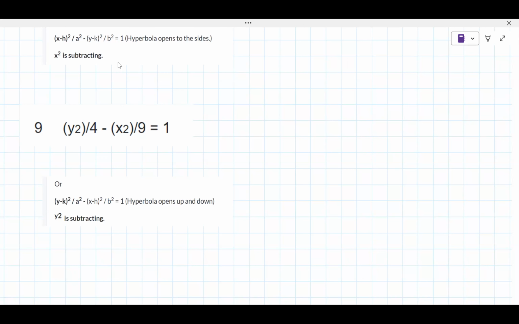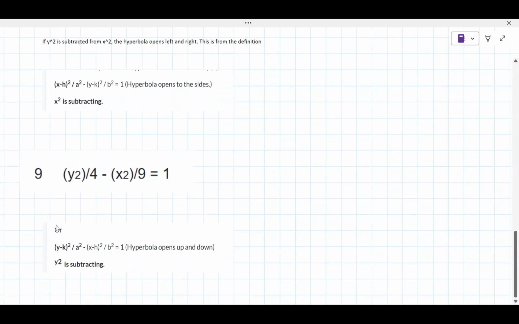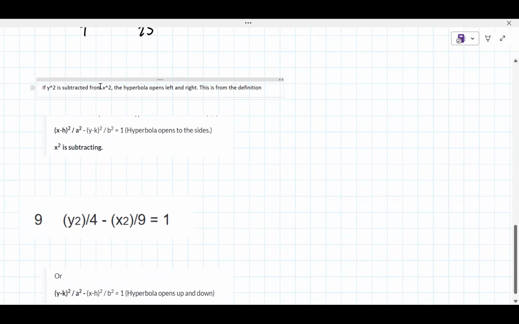I would write it the same way as the definition we wrote for number 8, except instead of x squared being subtracted, this time it's y squared.